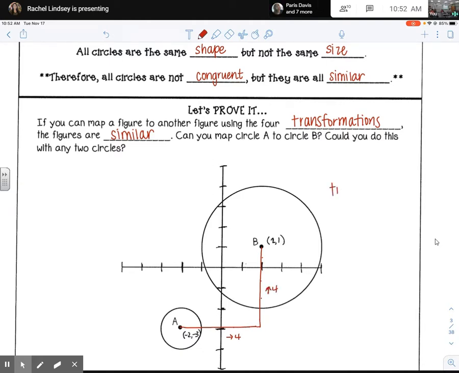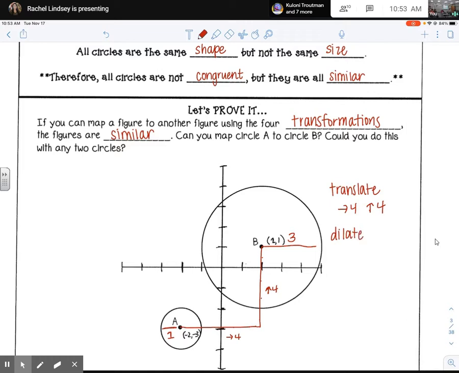So I could translate right 4, up 4. And then if we look at the radius, on A it is 1, the radius on B is 3. So how many times will we have to multiply A to get B? 3, because 1 times 3 would be 3.